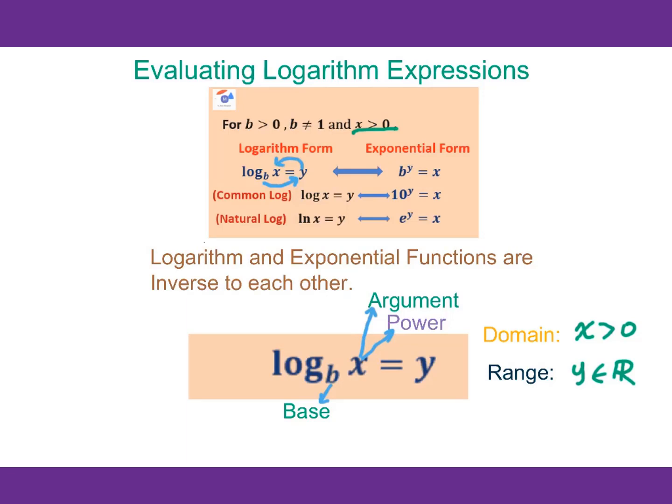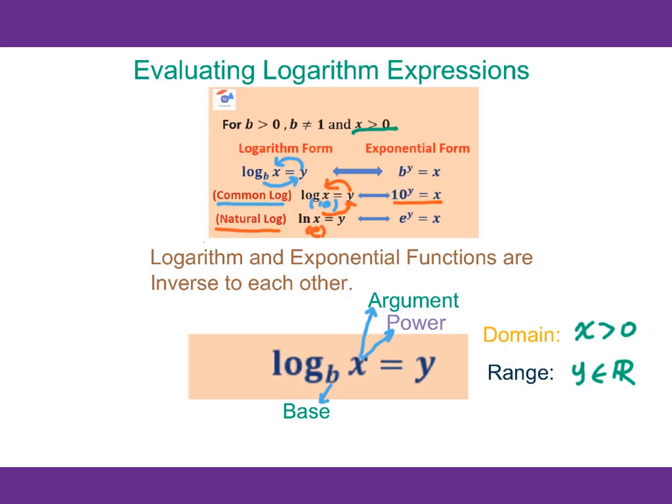When the base is omitted, we call this a common log. The base is 10. So we get 10 to the yth power equals x, like this. Ln means natural log. The base is e.